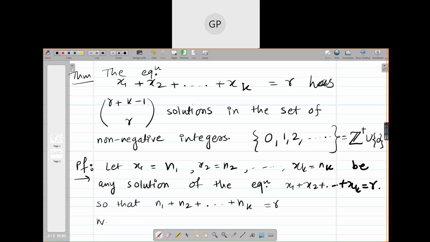We encode this solution as a sequence of... Finished writing, girls? Yes, ma'am.